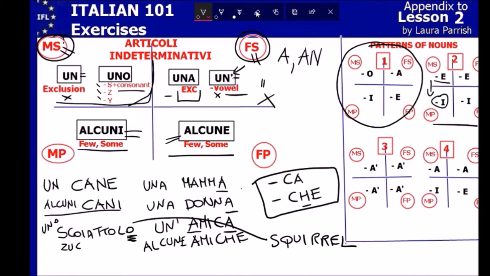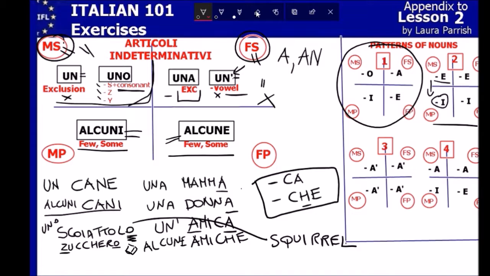Zucchero, uno zucchero. Zucchero is sugar, and it can also be that square sugar that you put in the coffee. So, what is the right indeterminative article? With O, you know it is masculine singular. So you go here.